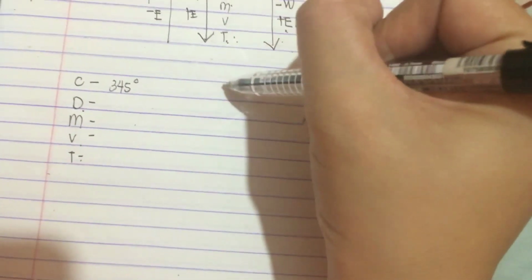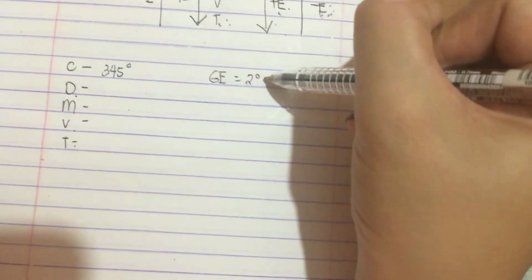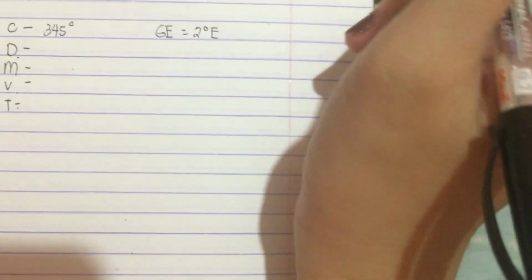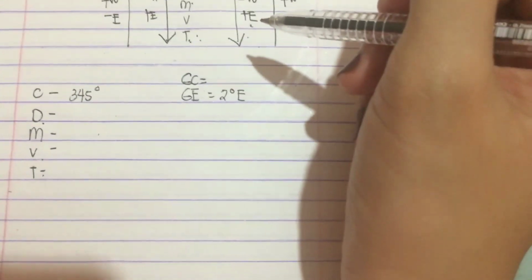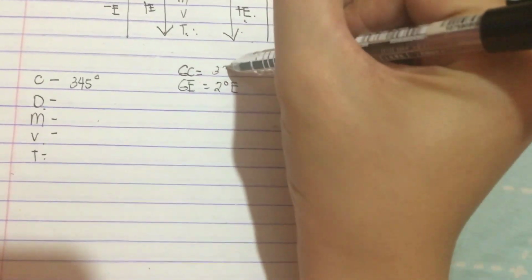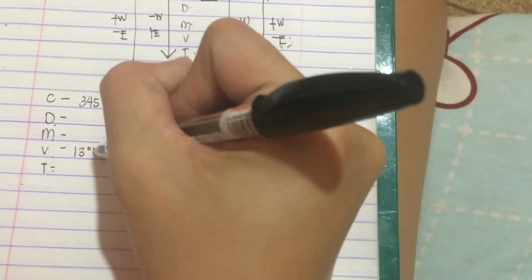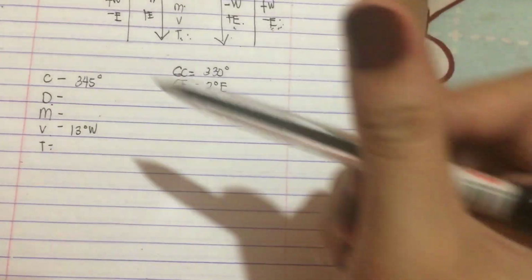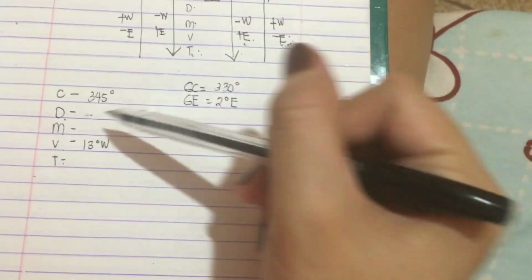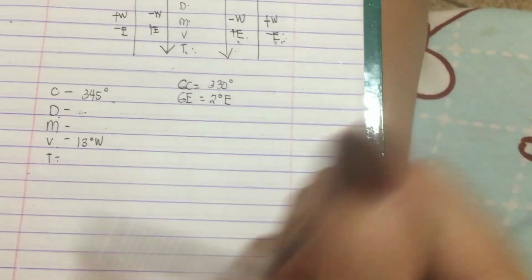We have our given compass course, which is 345 degrees, and we have our given gyro error, which is 2 degrees east, and we have our given gyro course, which is 330 degrees. And also we have our given variation, which is 13 degrees west. So how can we find our deviation using these given values?